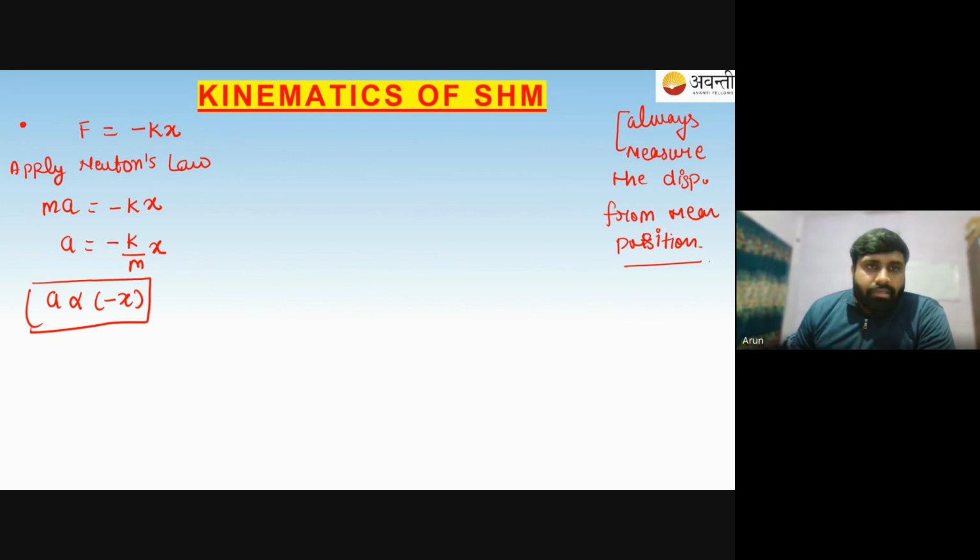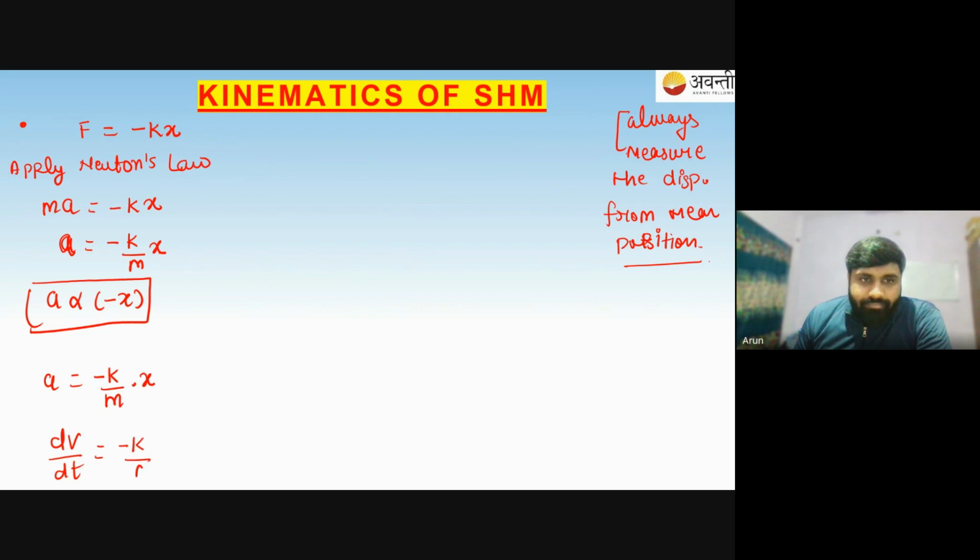Now, if you talk about this, a is equal to minus k by m into x. a you can write as dv by dt, which equals minus k by m into x.